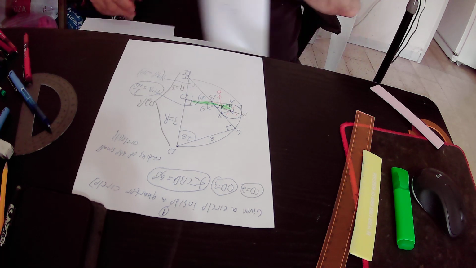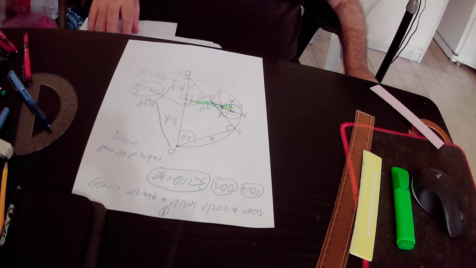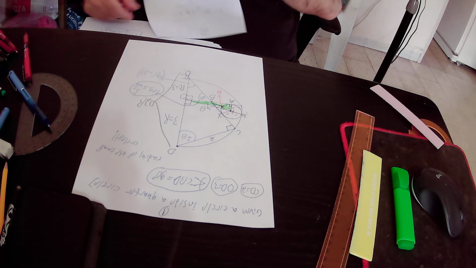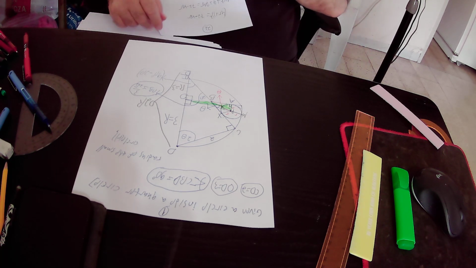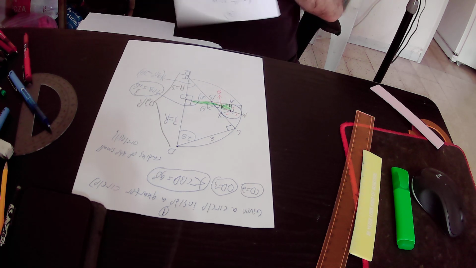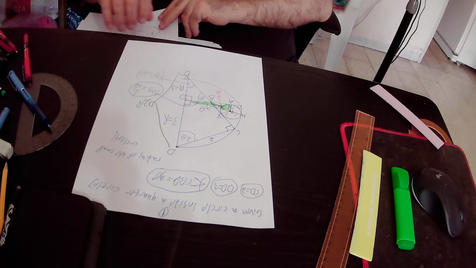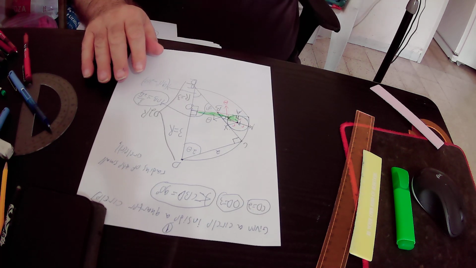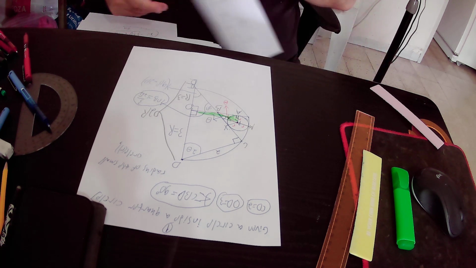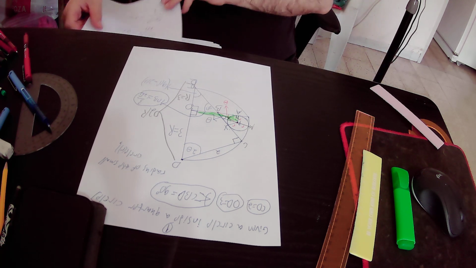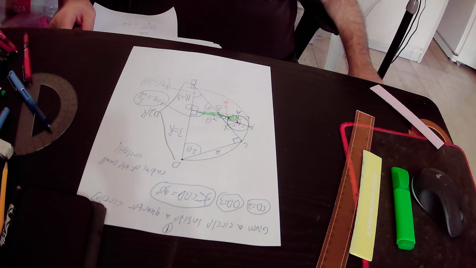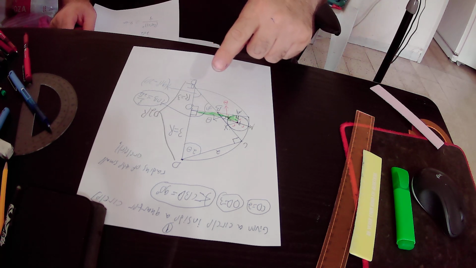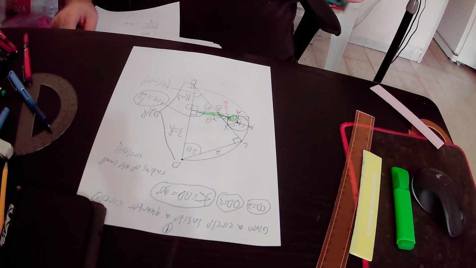Actually, we wanted to find out the radius of the small circle. We know that angle BCD equals 90 degrees, and we know that chord CD equals 2 units and DO equals 3 units.